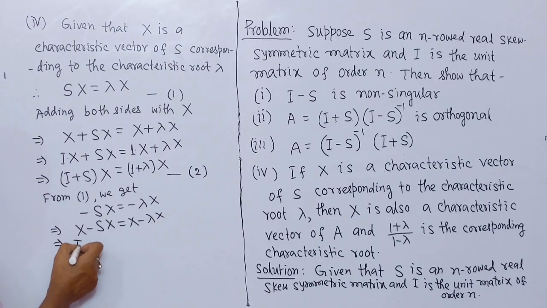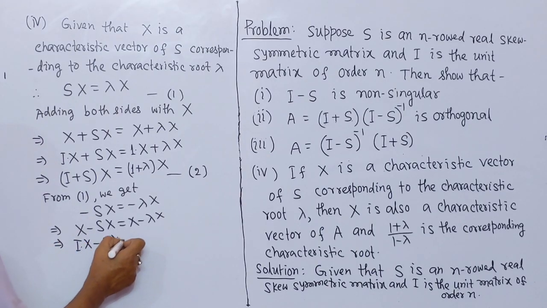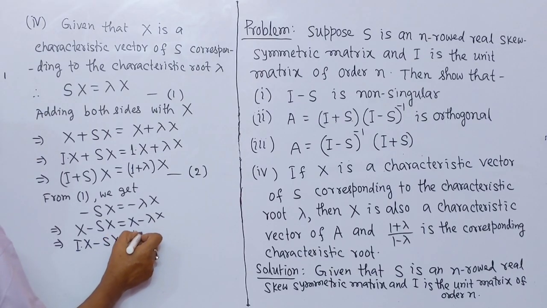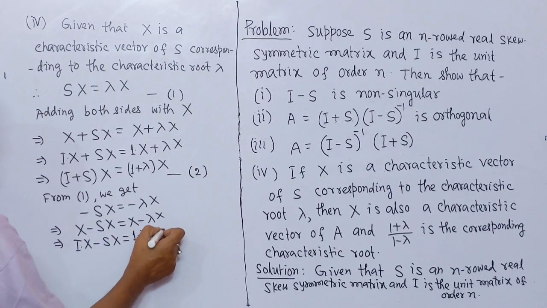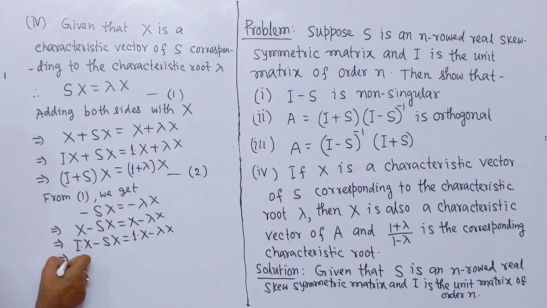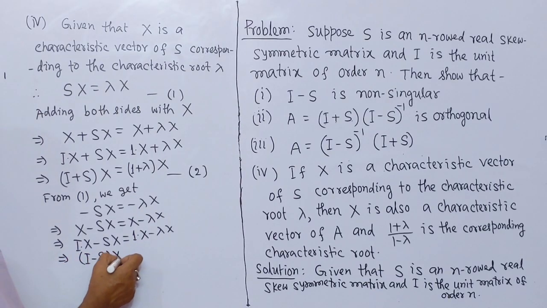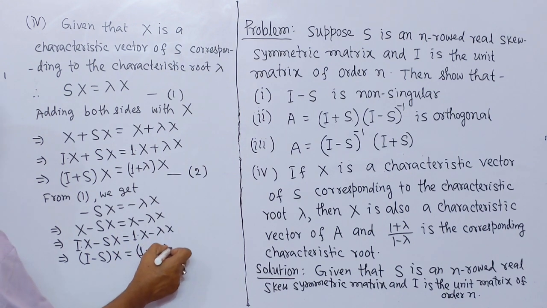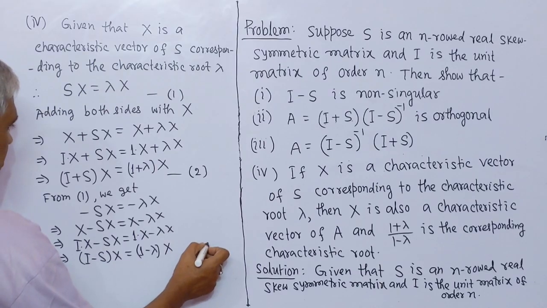It implies that I multiplied by x minus Sx equals 1 multiplied by x minus lambda x. It implies that (I minus S) x equals (1 minus lambda) x. This is number 3.